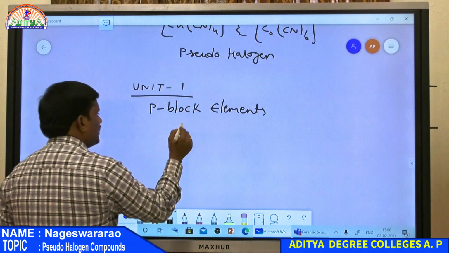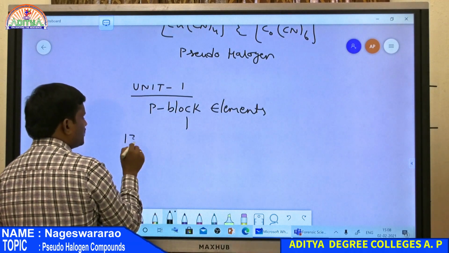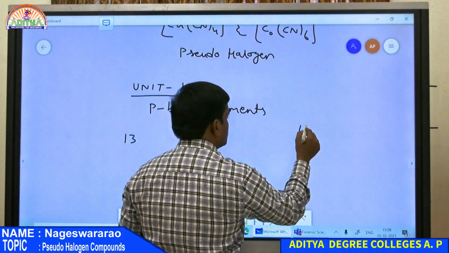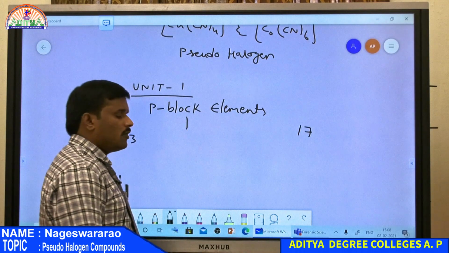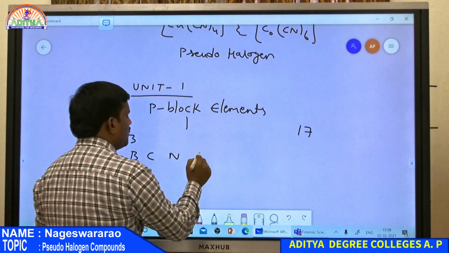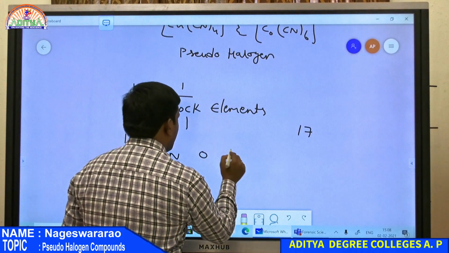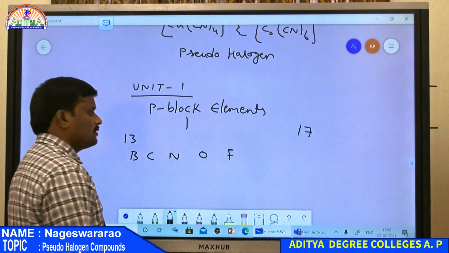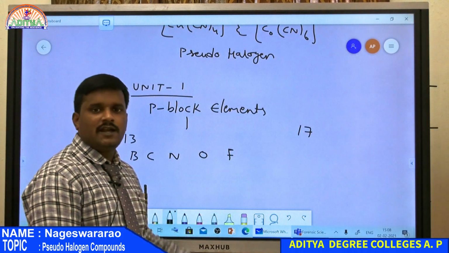This chapter includes group number 13 to group number 17: boron family, carbon family, nitrogen family, oxygen family and halogens. These are the groups present in P block elements.